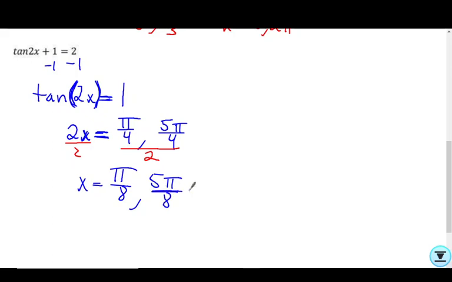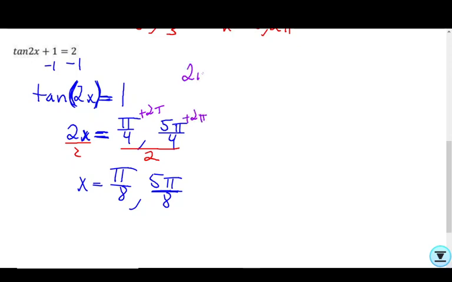Now, where 5 pi over 4 was in the third quadrant, when we divided it by 2, 5 pi over 8 is in the second quadrant, which means there's possibly more solutions. And we've done this enough times to know that when we have that 2x or 3x there, we're going to have more solutions. So, next I'm going to find the coterminal angles and add 2 pi to both of these.